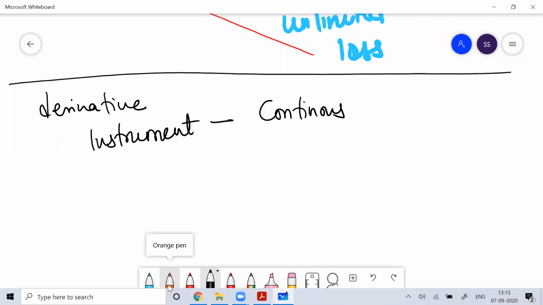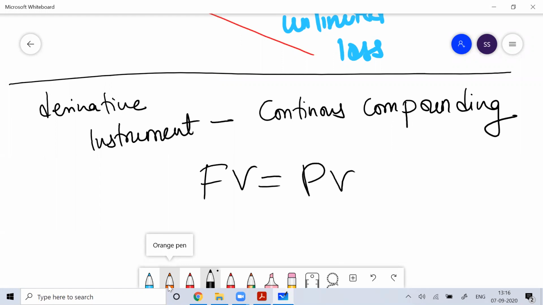The formula for continuous compounding is future value equals present value times e to the power rt. So remember this.